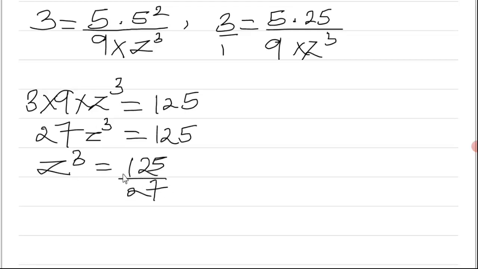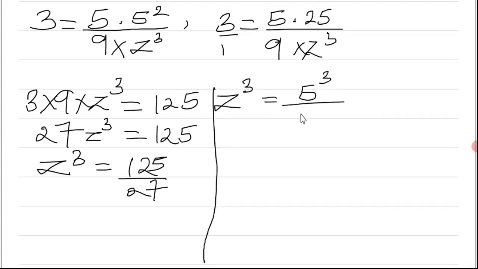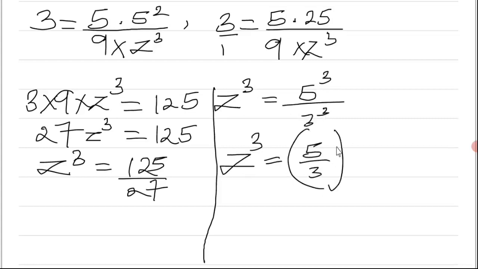You are able to see from the property here that 125 is the same thing as 5 raised to power 3. Let's rewrite: Z cubed can be written as 5 cubed over 3 cubed, so Z cubed is equal to 5 over 3 all raised to power 3.